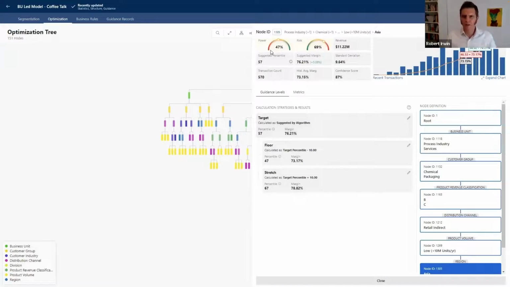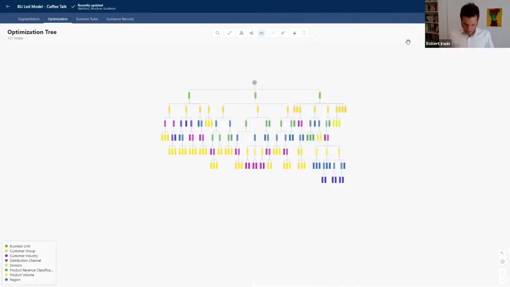A segment here with low or medium to low power, relatively high risk. Here the algorithm selected the 57th percentile. For this particular set of products, the margins overall are much higher. So while it is more conservative for these products themselves, the margin actually is higher. And this is how the combination of segmentation and then the optimization power and risk process will work.